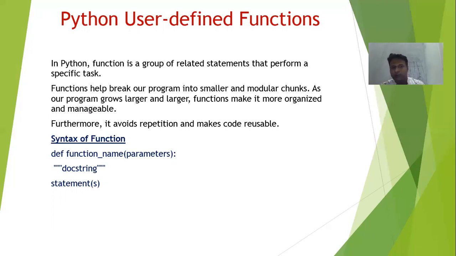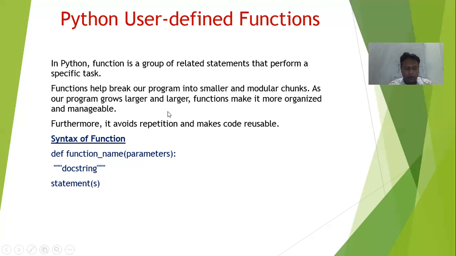In Python, a function is a group of related statements that perform a specific task. Functions help break our program into smaller, modular chunks. As our program grows larger and larger, functions make it more organized and manageable.